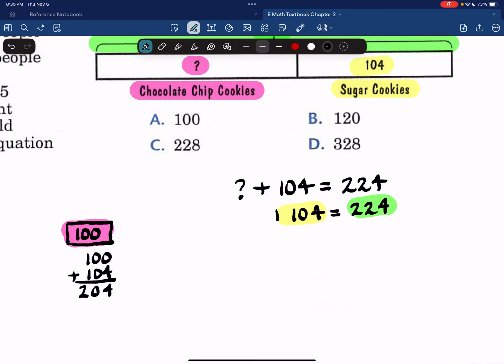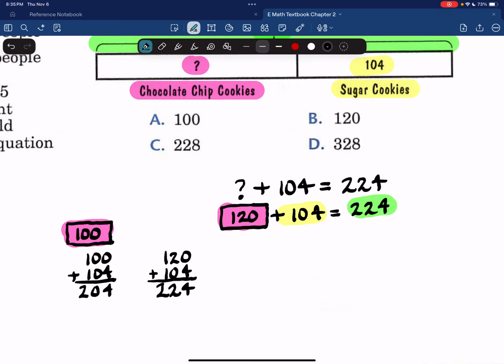So let's try the next one. Let's put another box in there and look at option B. B says 120 chocolate chip cookies. So let's plug it in there and see if it works. So 120 plus 104 is, look at that, 224.